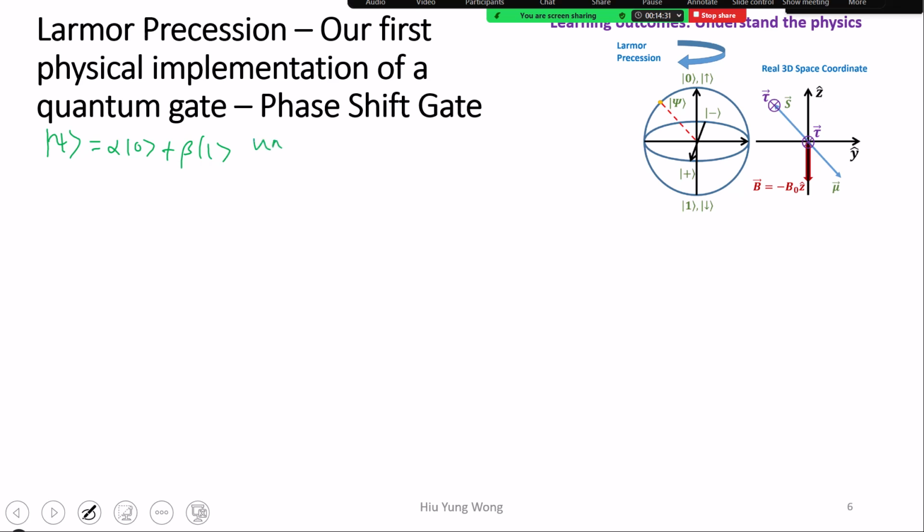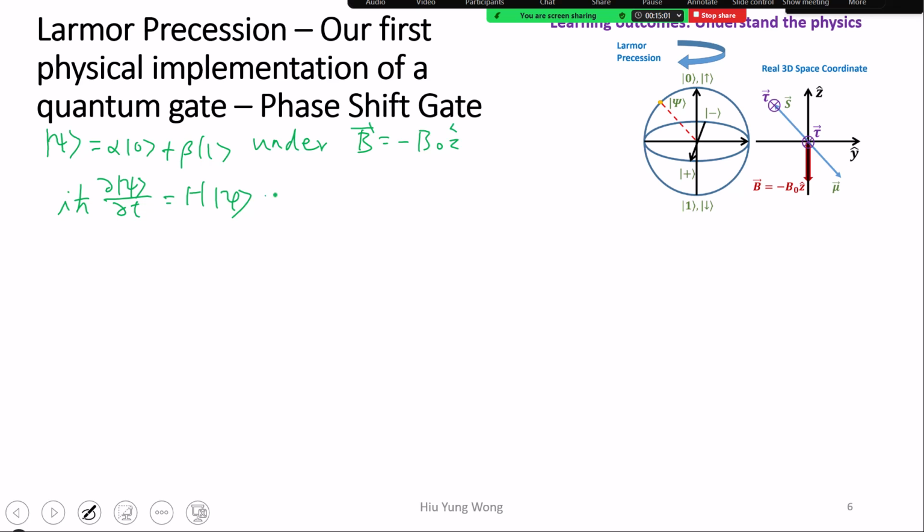And this is under a magnetic field, B equals negative B0 z hat. That is what we already said. Now we bring in the Schrödinger equation. You might have forgotten what it is, but you should know it when I write it: the rate of change of the state is equal to the Hamiltonian times the state itself.